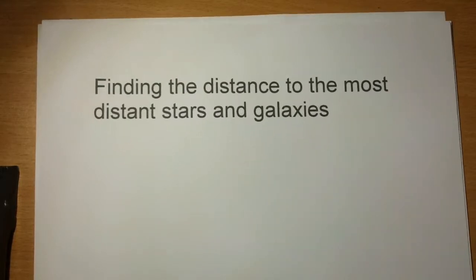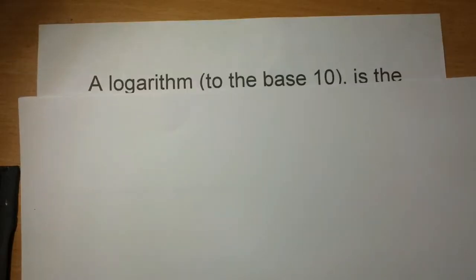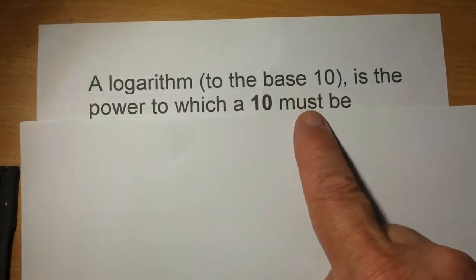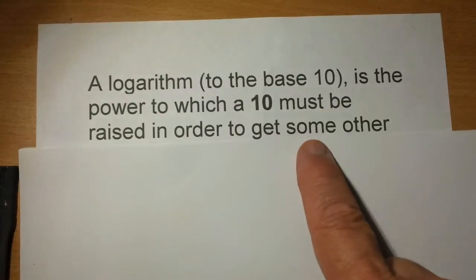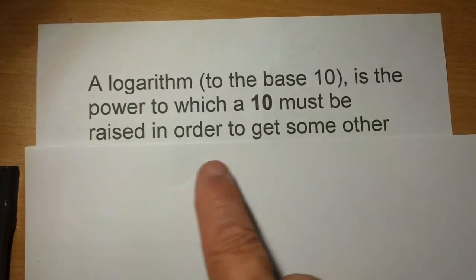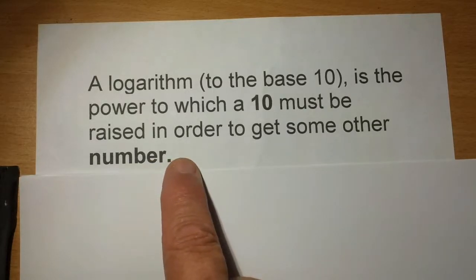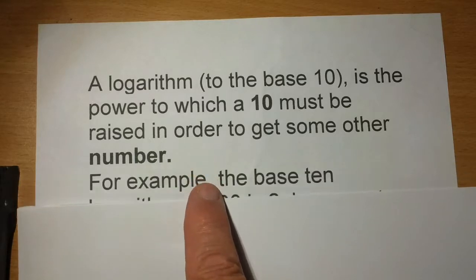Just to begin, a reminder of what we mean by a log or a logarithm. Normally it's to the base 10. It is the power to which 10 must be raised in order to get some other number. That might sound a little bit double Dutch, but let's look at an example.